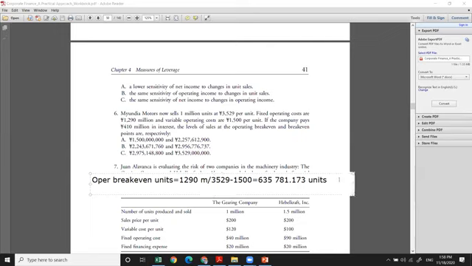And operating break-even sales is equal to 3,529 times, let me go here, and this is the 243.